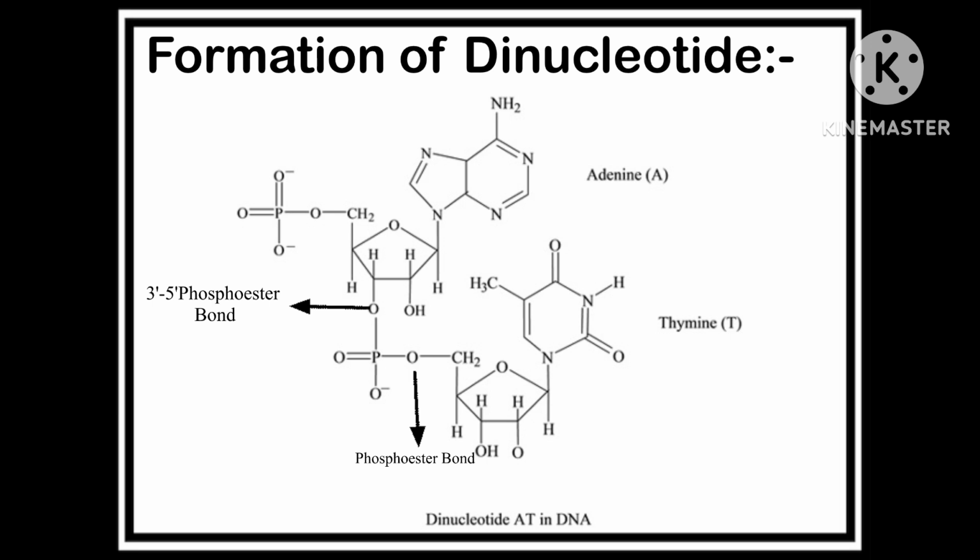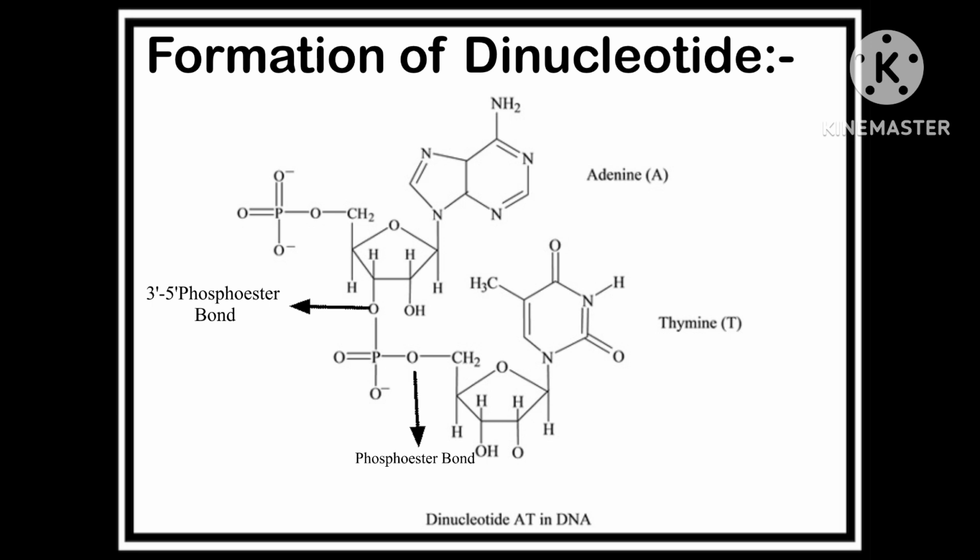So let's see the procedure of how we are going to do that. First, this is the phosphate group of this second nucleotide, and when you add water to the phosphate group, the bonds will break into two different OH groups by the help of a dehydration reaction. Out of these two acidic OH groups, one OH group on the 5' carbon position will react with the alcoholic OH group on the 3' carbon position of the second nucleotide.